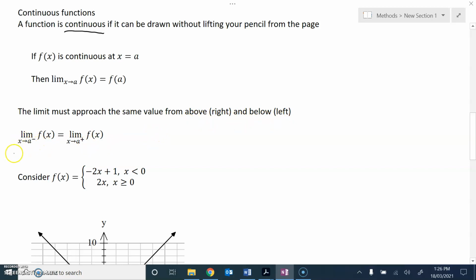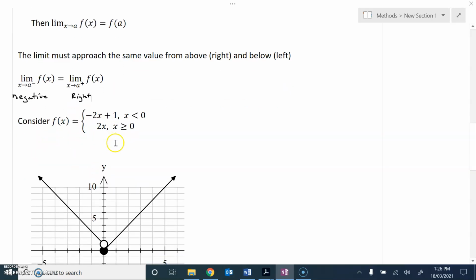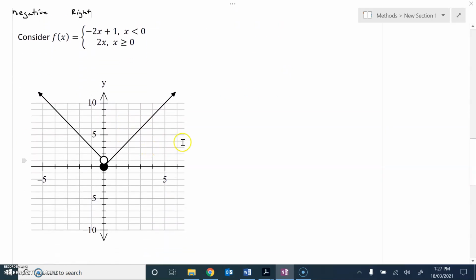So we say this is approaching from the negative side. So from the left has to equal approaching from the right hand side, or the positive, yeah? So they should give us the same values. So let's have a look at this one here. Here's my little graph, and you'll notice as I'm coming from the left this way, I'm approaching x, y equals 1.